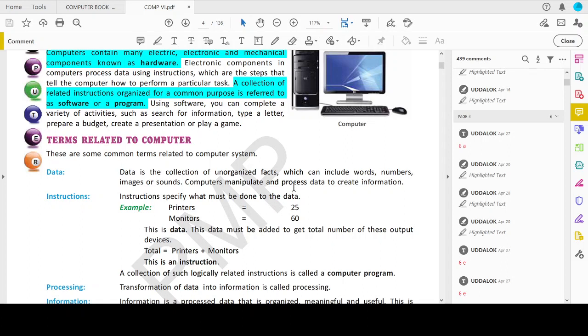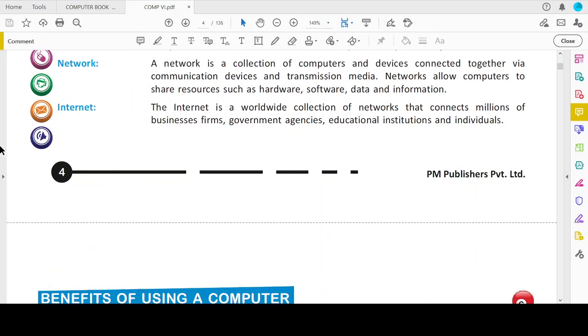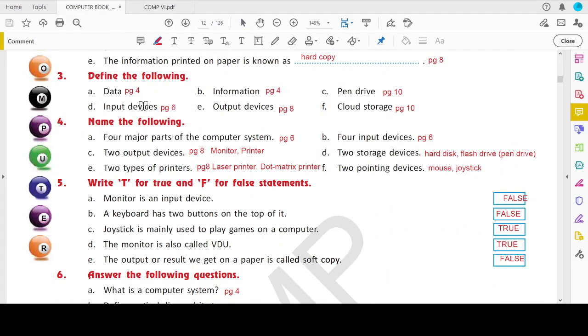Computers manipulate and process data to create information. Right? So you have to write your answer from here. That is page number 4. Okay? It is marked there as question. Page number 4. You can see what is data. You have to write. Next is what is information. That is also there at page number 4.